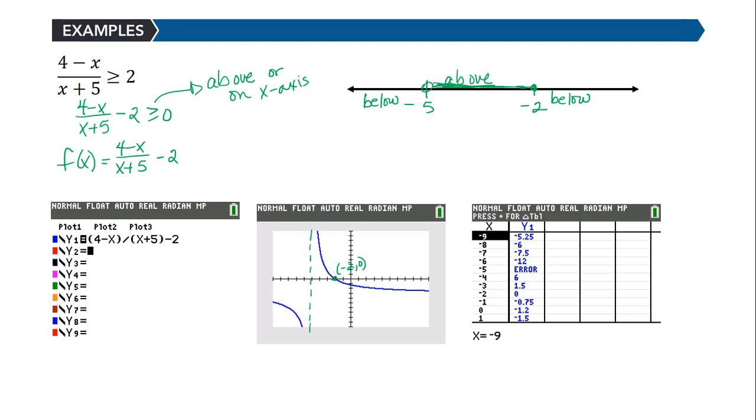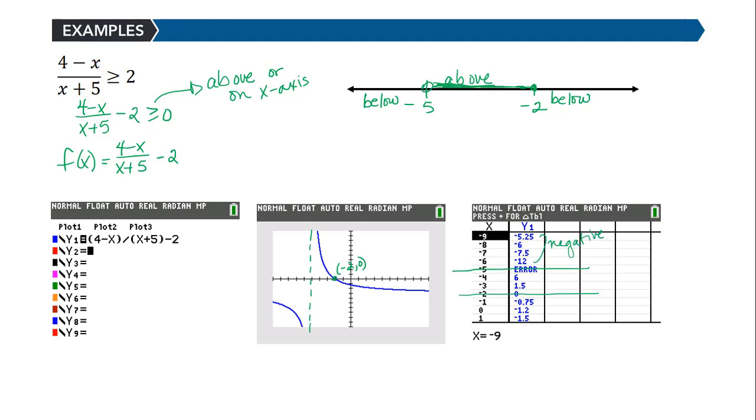Now, again, I could also use a table from my graphing calculator. If I input the function and look at the table, remember that the -5 and the -2 are going to subdivide this table really into 3 pieces. Everything to the left of -5, between -5 and -2, and everything to the right of the -2. And to the left of -5, we see that all those function values are negative.